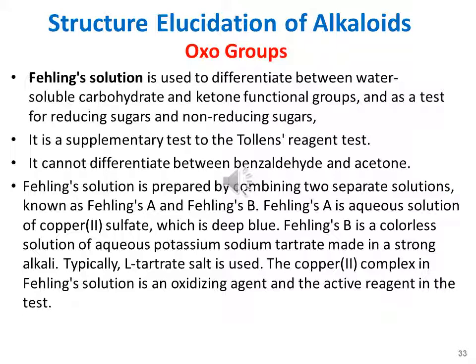Both solutions A and B are prepared separately and stored separately under dark conditions. Whenever required, Fehling's reagent is prepared by mixing equal parts of solution A and solution B, always freshly.